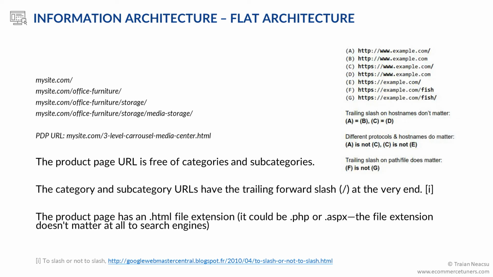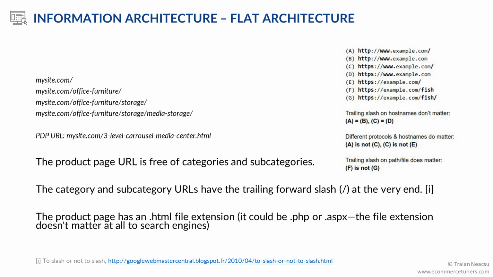The product page URL is free of categories, subcategories, or subsubs. The category and subcategory URLs include the trailing slash at the very end. This hints to search engines that the URLs are directories and there is more content to be found on those pages.